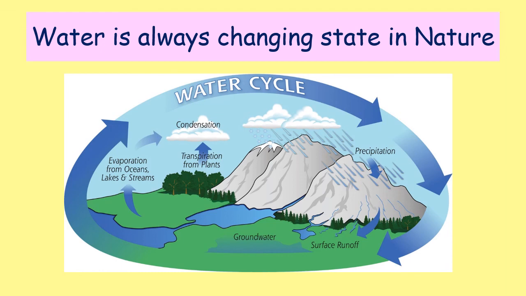And this cycle is constantly going on and is the reason why we end up with weather that's constantly changing. So water evaporates from the ground, condenses to form clouds, and it falls back down as precipitation. If the temperature is very cold, the precipitation will be a solid, and we'll call it ice or hail. If the temperature is not so cold, it will stay as a liquid and it will fall down as rain.